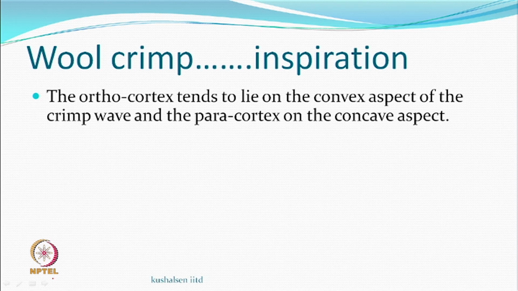If you see the crimp, the orthocortex is found on the convex part of the crimp, and the paracortex is found in the concave part of the crimp. Somebody may want to know why this happens. So, this is what was found.